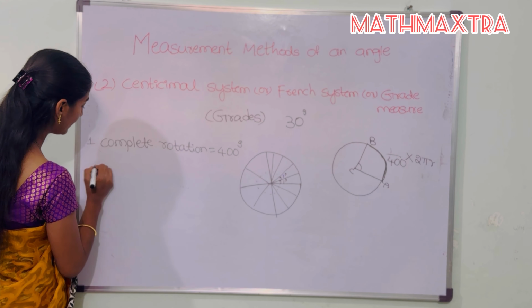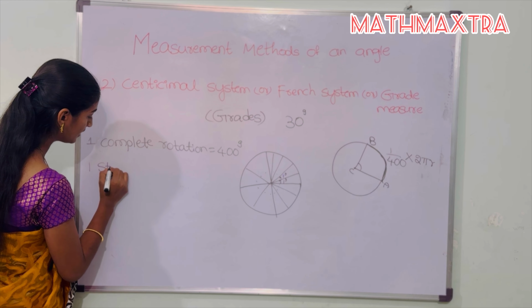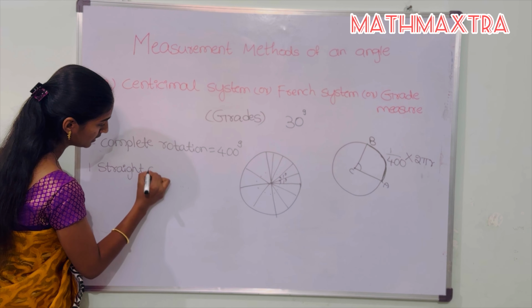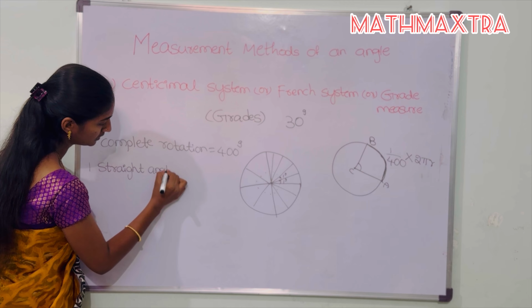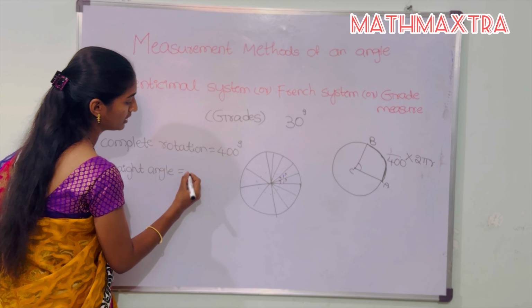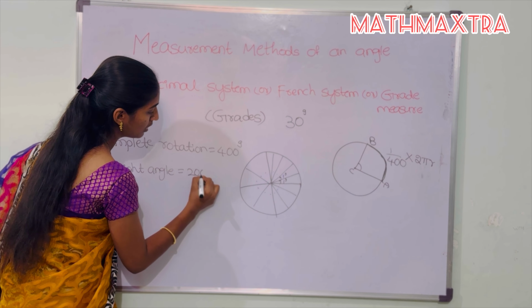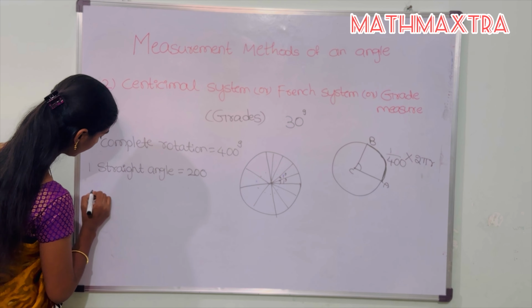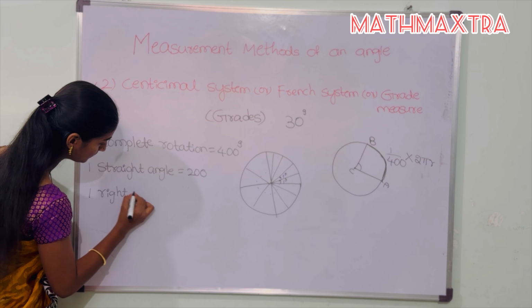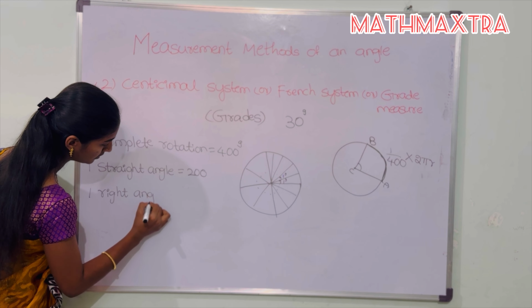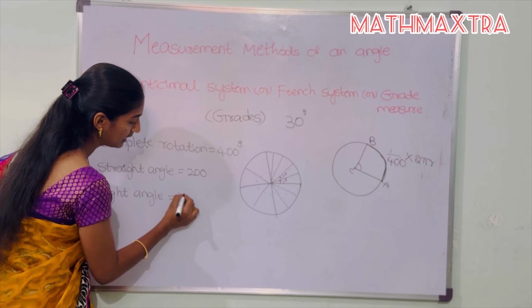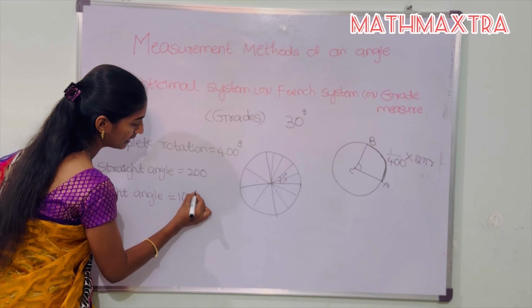And one straight angle is equal to half of the complete rotation, that is 200. And one right angle is equal to half of the straight angle, that is 100 grades.